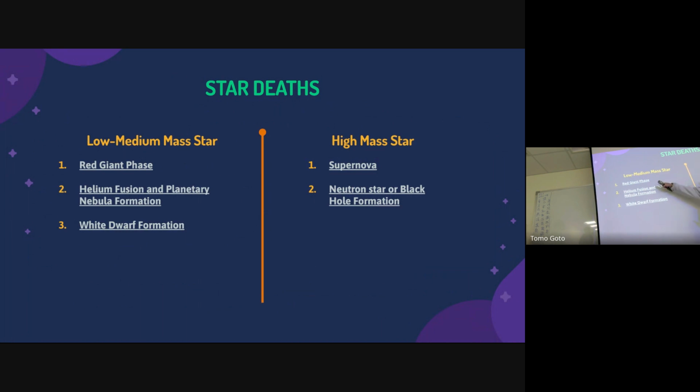The first step is the red giant phase, the second step is helium fusion and the planetary nebula formation, and the third is the white dwarf formation. And for the high mass star, when it collapses, it becomes a supernova, and the supernova becomes a neutron star or a black hole.